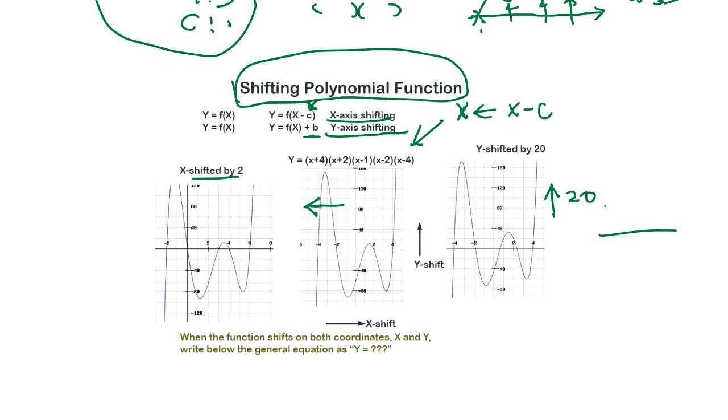What happens if you move this down to here? You used to have 2 roots, but now it doesn't cross, so you have 2 complex number roots. Remember, we count the complex number roots too. So it changed from 2 real number roots to 2 complex number roots. Okay.